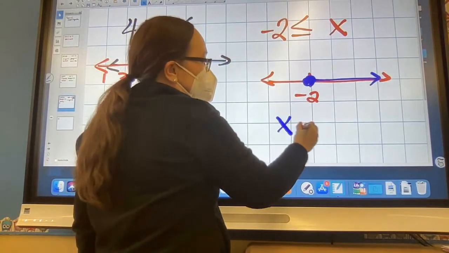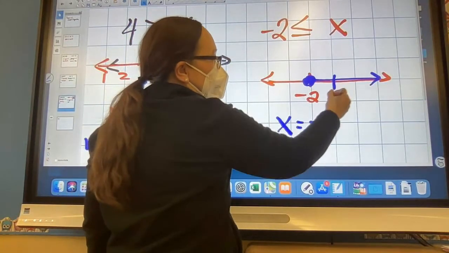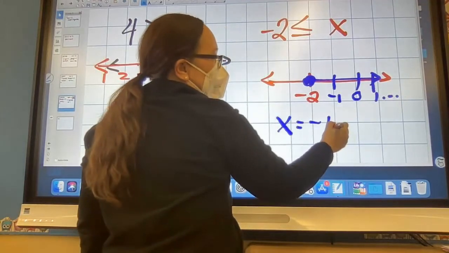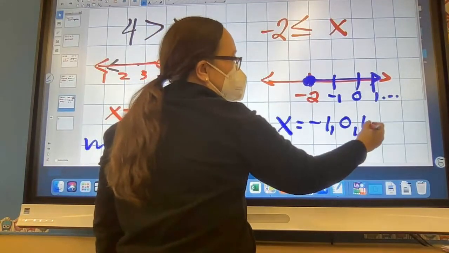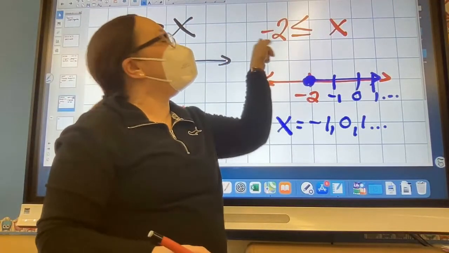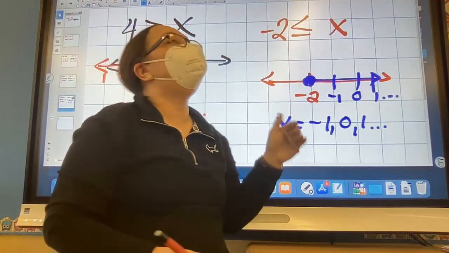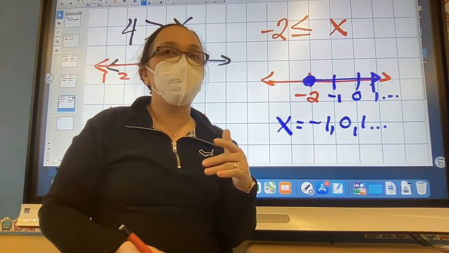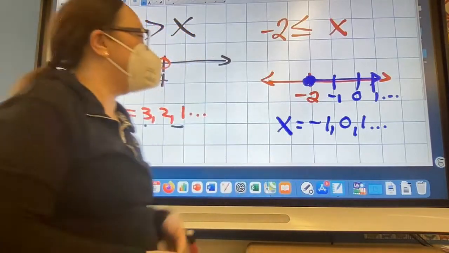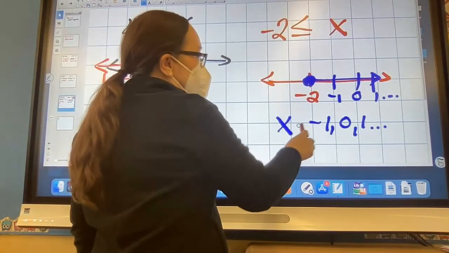So x is going to be negative 1, 0, 1, and so on. No. That negative 2 should be less than the value of x. So x must be greater. Oh, that's correct. You're right.